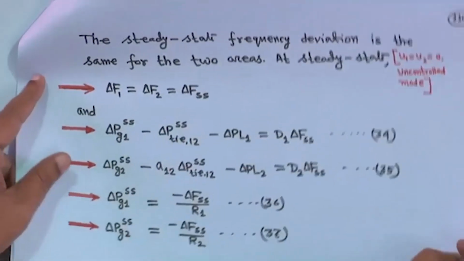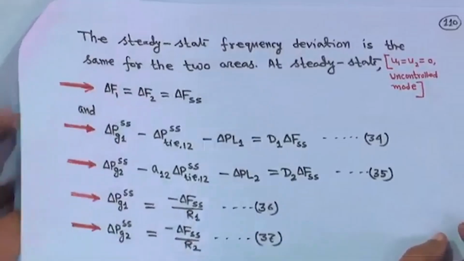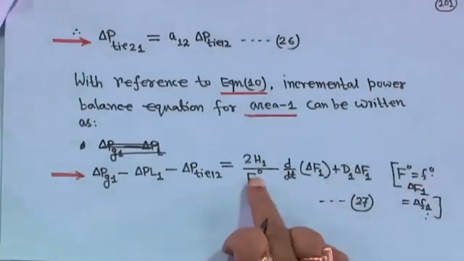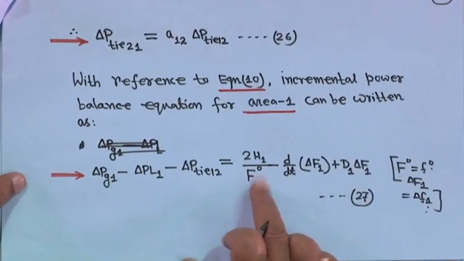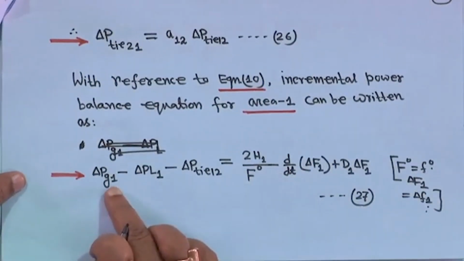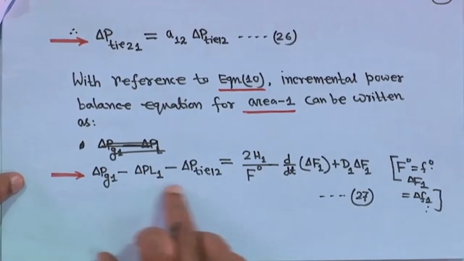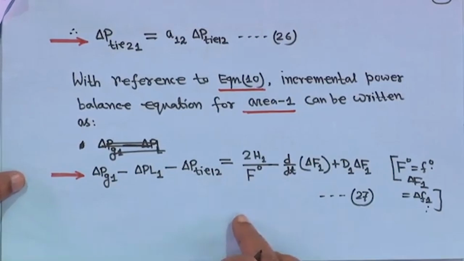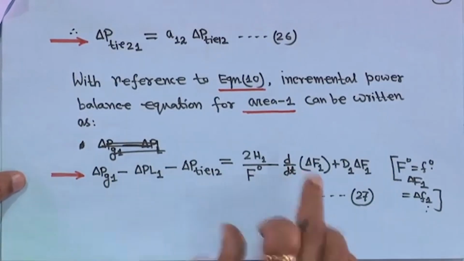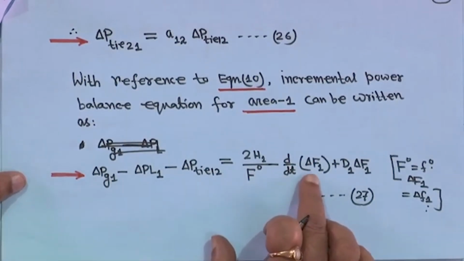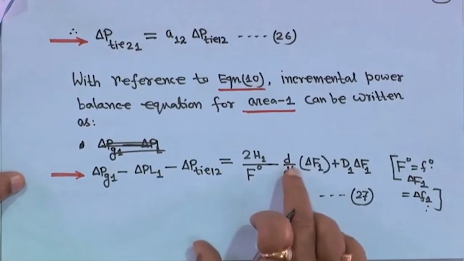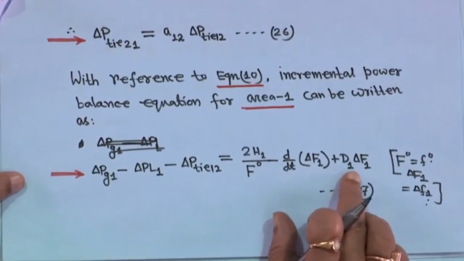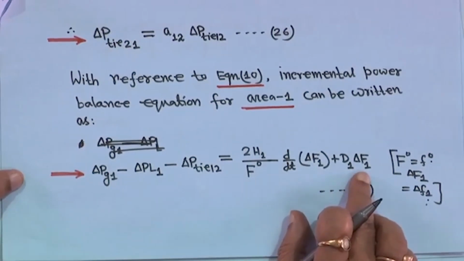Therefore, for the power balance equation, look at steady state: it will be delta Pg1 ss, the load disturbance will be there as it is, and delta Ptie 1-2 ss. From our general knowledge we are making it steady state. I told you that the derivative of any state variable will become 0. So d/dt of delta f1 will be 0 because it has reached steady state, and this term will vanish, leaving D1 into delta f1 ss.